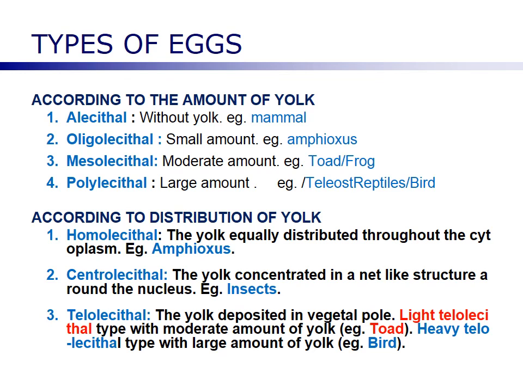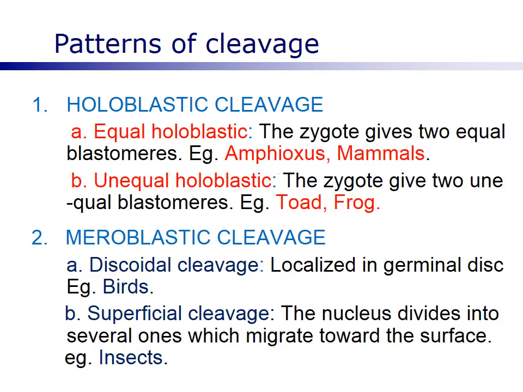Whereas in telolecithal eggs, the yolk is deposited in the vegetal pole. The telolecithal eggs can again be classified as light telolecithal and heavy telolecithal according to the amount of yolk present in them. The process of cleavage is of two types, that is complete cleavage and incomplete cleavage.